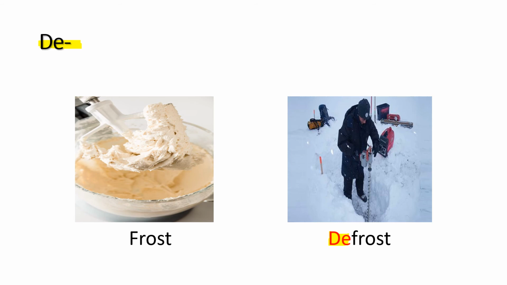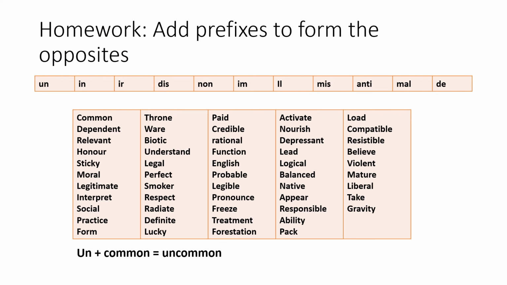So well, we have already read some prefixes to form a negative word or opposite word or antonyms. Now I have given a list of those prefixes in the first box, and there are some words in the second box.